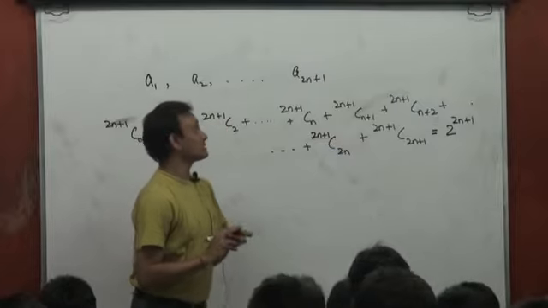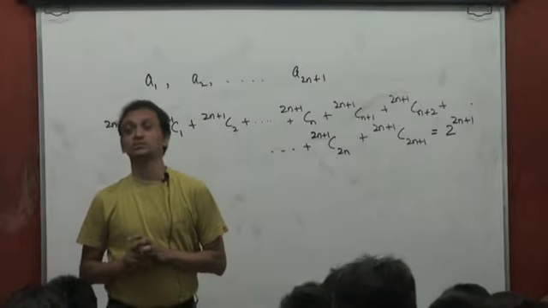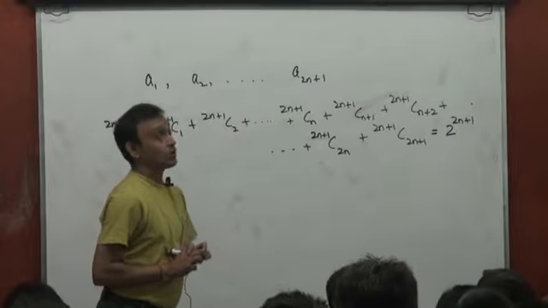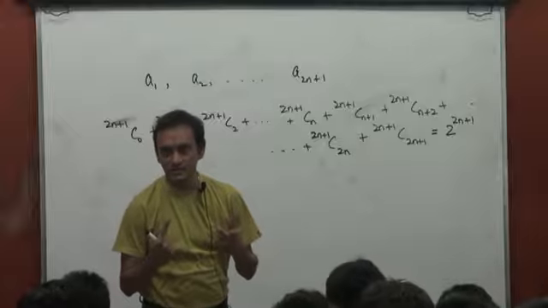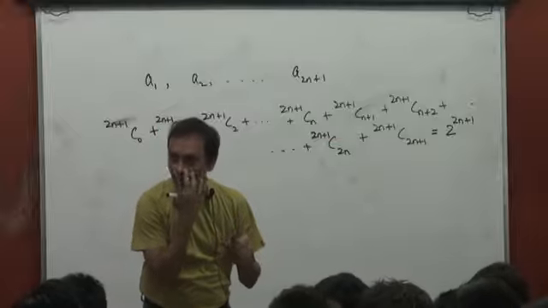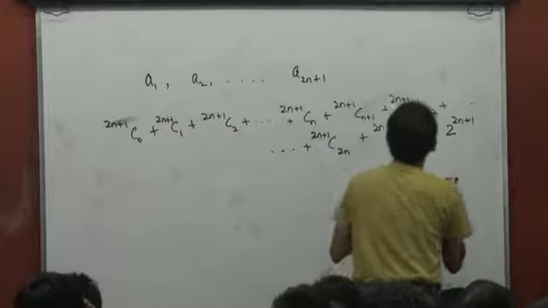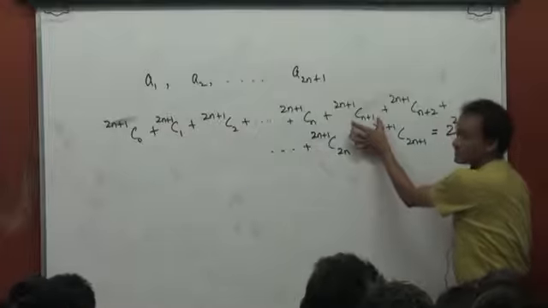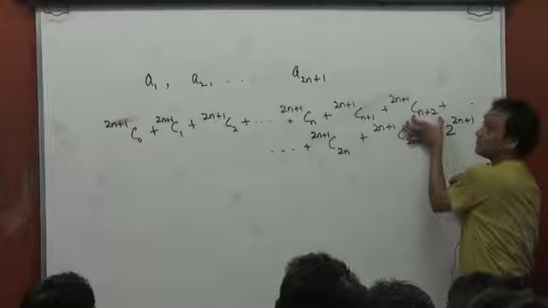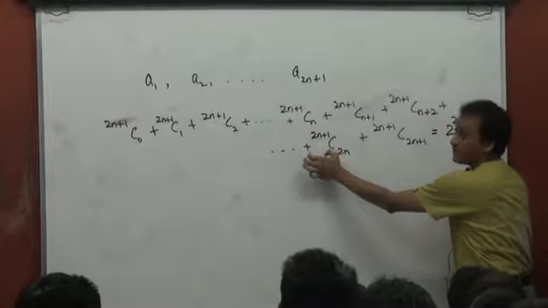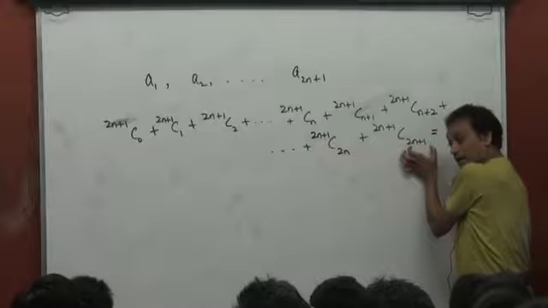What we are seeking is the total number of subsets having more than n elements, right? That means it could have n plus 1 elements, n plus 2 elements, n plus 3 elements, up to 2n plus 1 elements, right?